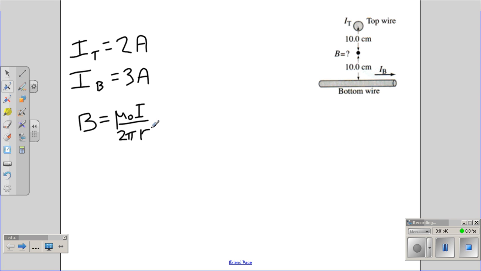They use r because it's radially outward. So for both of these, r would be 10 centimeters.